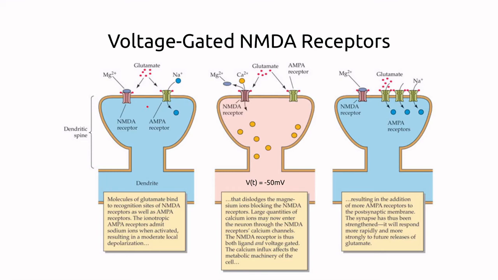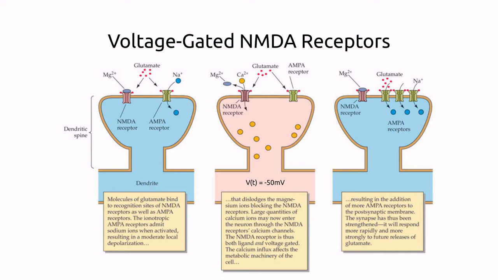And what happens then is the AMPA receptor is activated, sodium goes in, it depolarizes the cell, and then at a certain point, about minus 50 millivolts, which is somewhere around the spiking threshold, this magnesium ion stops blocking the channel. And then, given that glutamate has already bound to this channel, calcium ions, which are a 2+ ion, now start flowing into the neuron.